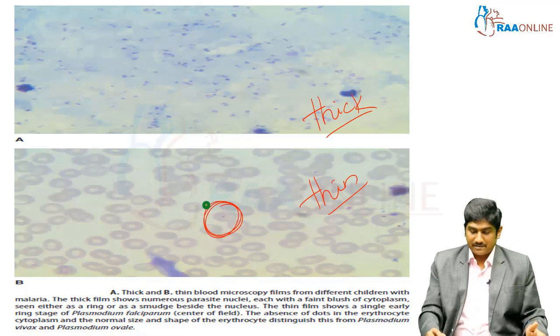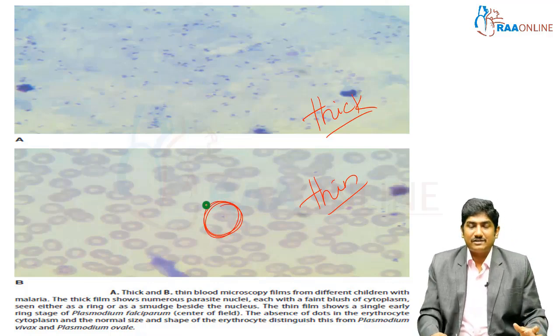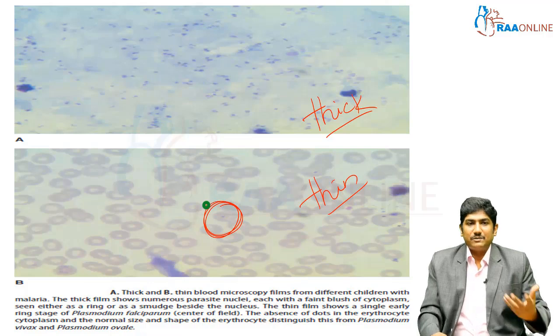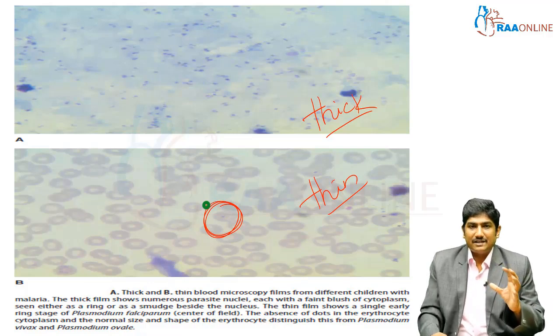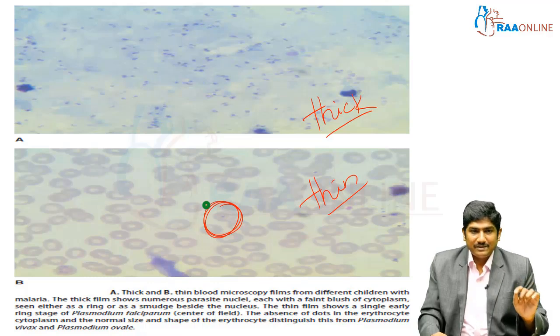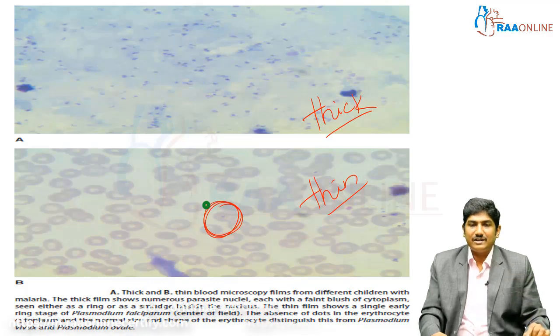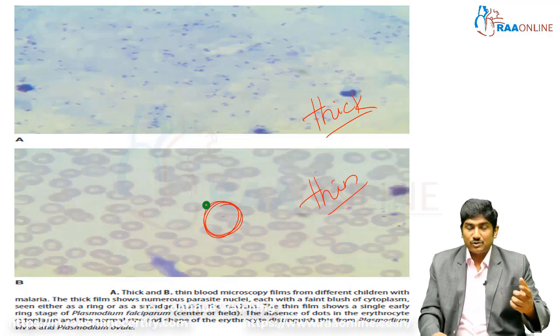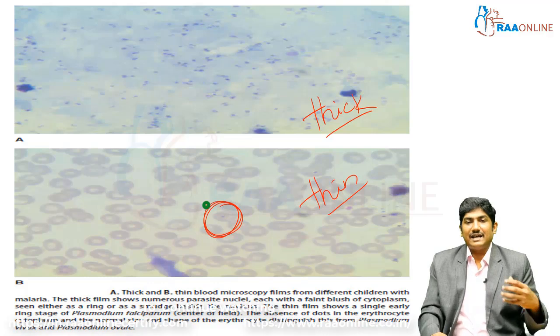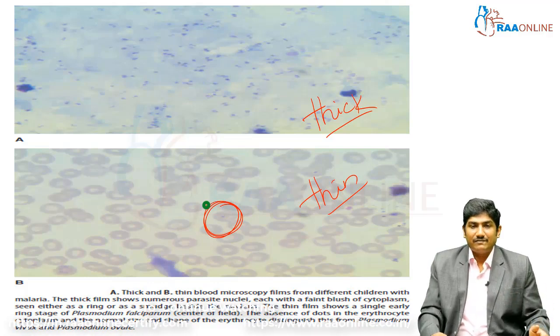These are all the parasites. In the thick one, it's usually a lysed preparation with multiple layers, and you are basically going to count how many parasites are there. But in the thin smear, the RBC morphology is well maintained. You will be able to look at the parasite morphology as well, and even the gametocyte morphology, which I showed you in the previous slides. All these things can help you understand whether this is falciparum or not.